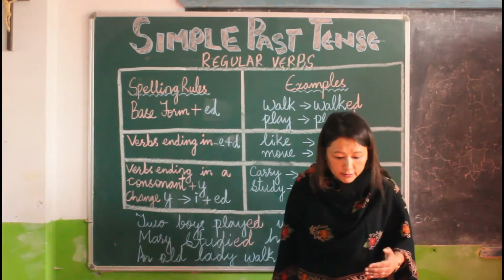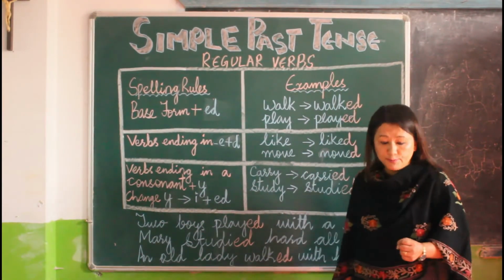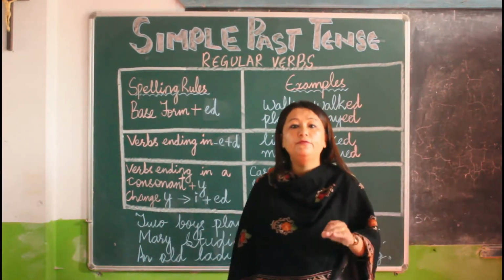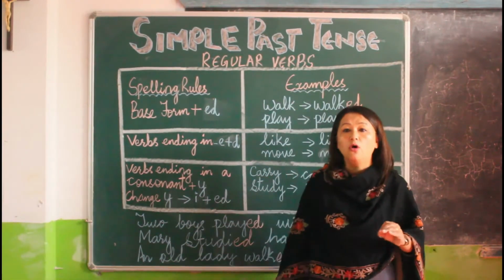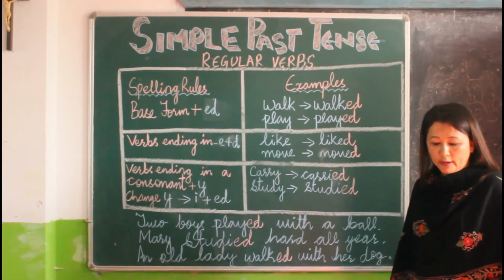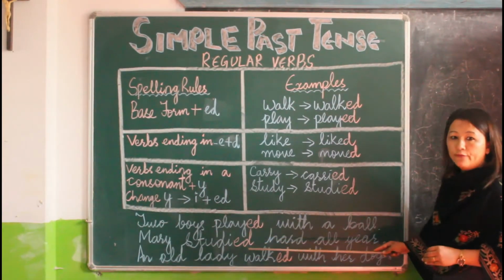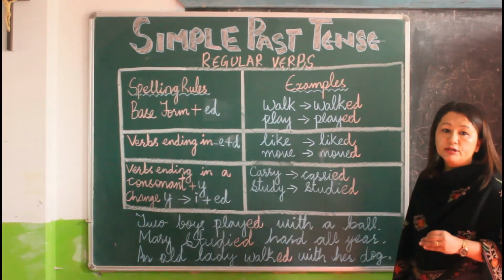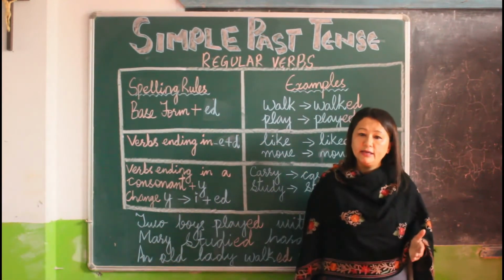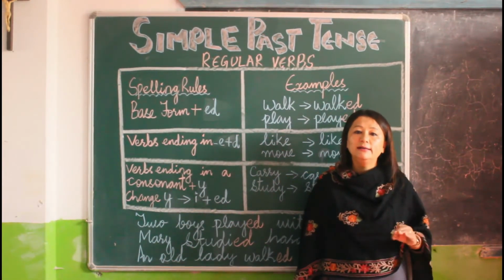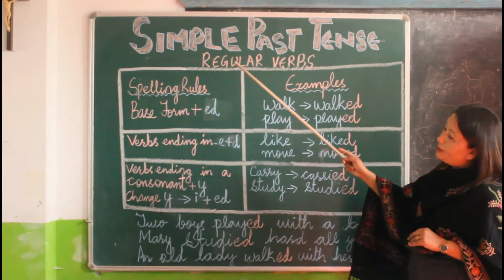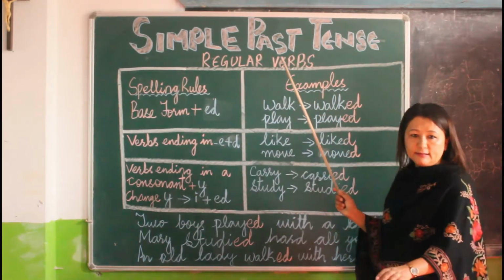So all these verbs are the ed form of the original or the base verb. And all these verbs which tell us about an action done yesterday or earlier than now are in the simple past tense.